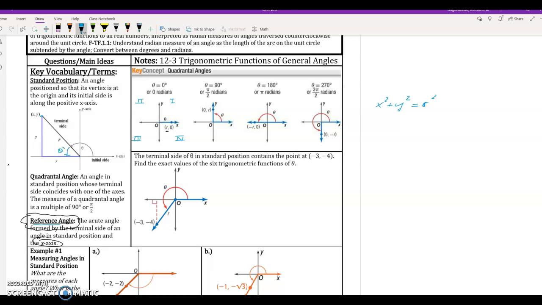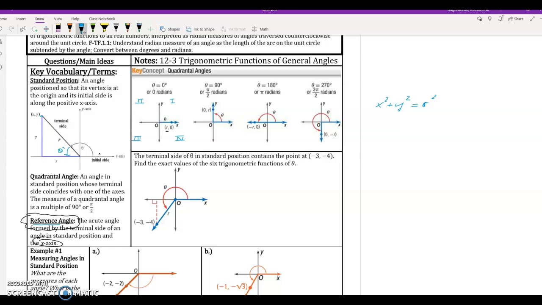That's the reference angle for theta. Okay, and those two angles have a relationship. They have the same ratios. The only difference is that the reference angle will always have positive ratios, whereas this angle should have positive or negative ratios, depending on which quadrant we're in. And you'll see in the first example how that works.